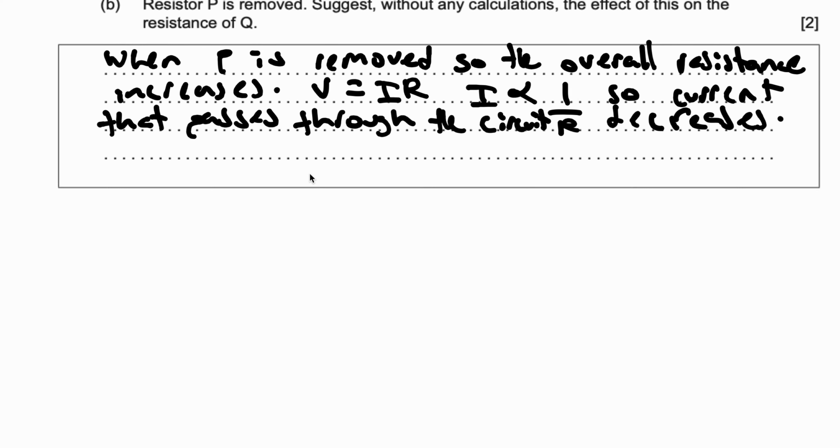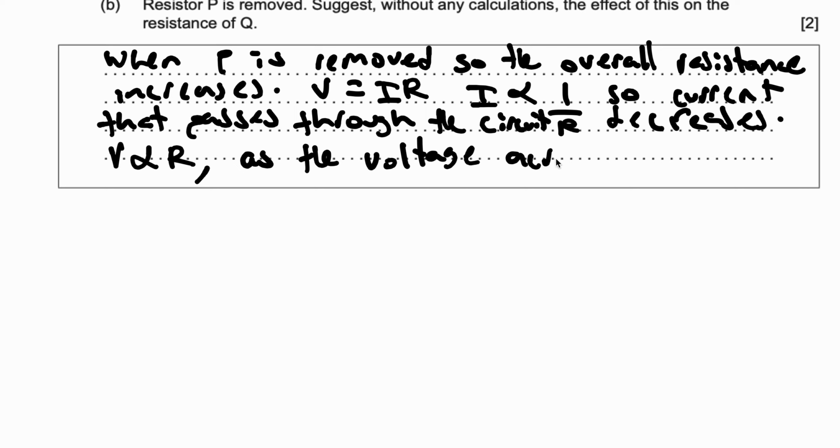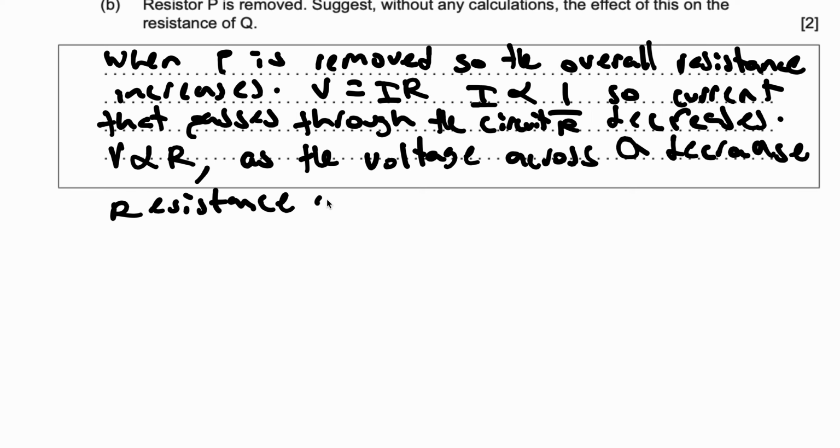And we know because V and R are directly proportional, as the voltage across Q decreases, the resistance of Q decreases as well.